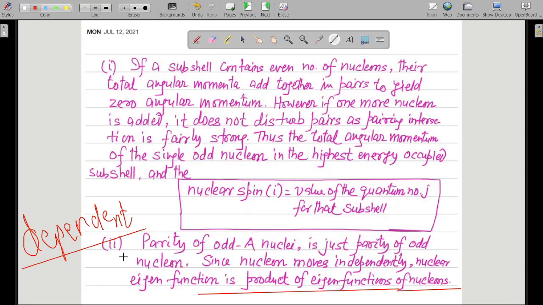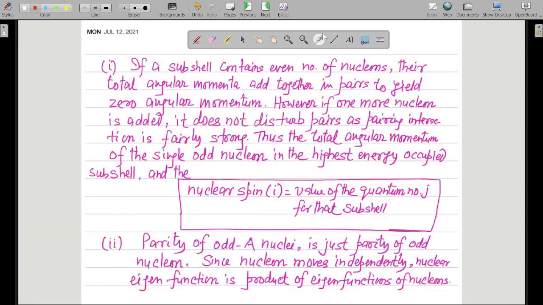But if they are independent, the nuclear eigenfunction will be the product of eigenfunctions of individual nucleons. So this thing you must remember. This we learn in quantum mechanics.